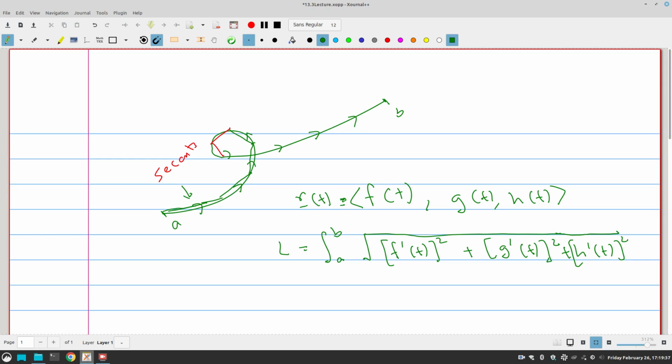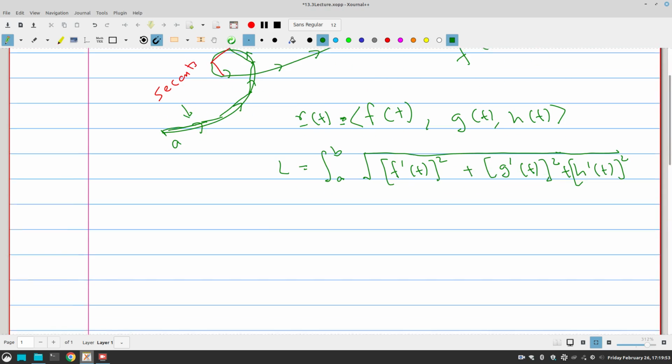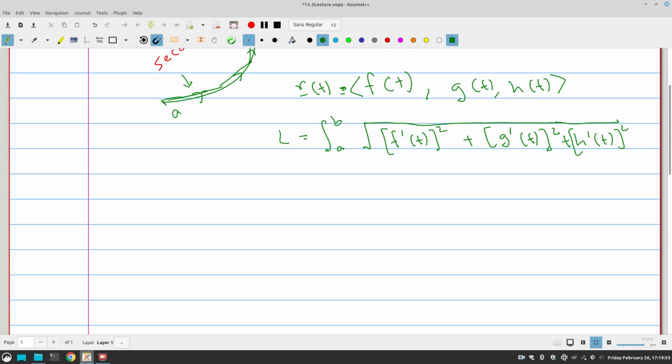So f prime(t) is dx over dt, g prime(t) is dy over dt, and h prime(t) is dz over dt. So this is actually equal to the modulus of r prime(t). Then you integrate with respect to t.